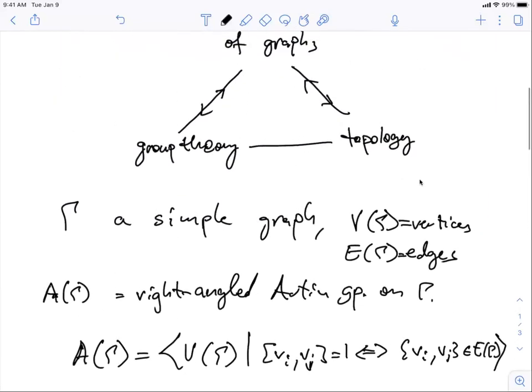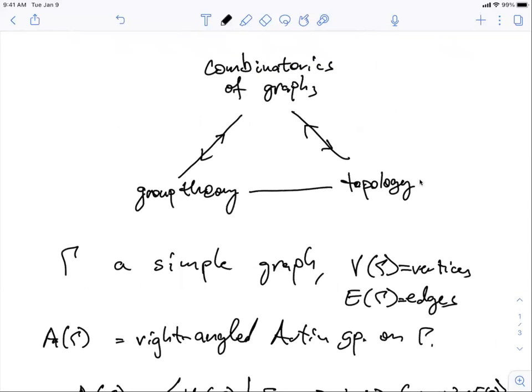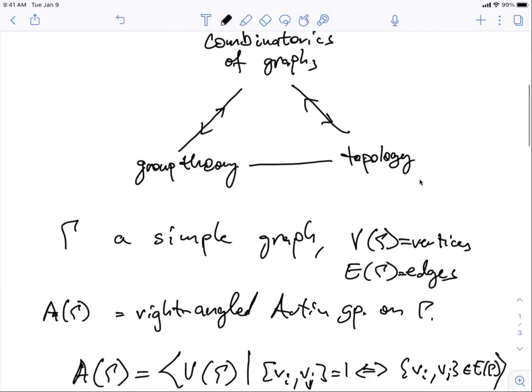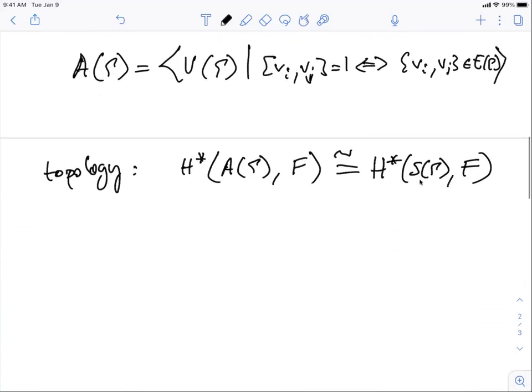So I drew this very general triangle up here, and I said that I wanted to talk about some of these arrows, especially the highlighted ones. So let me maybe spell out a more precise question.